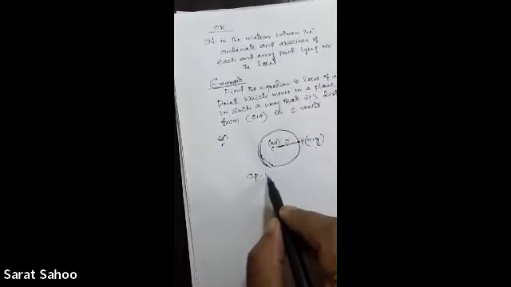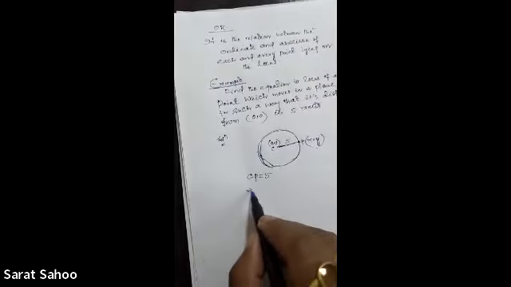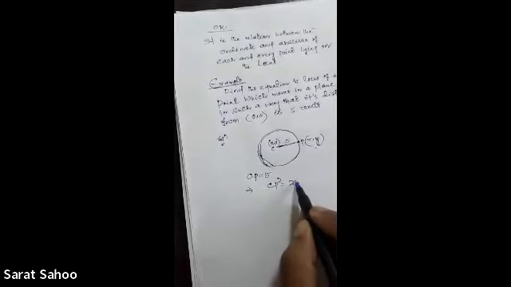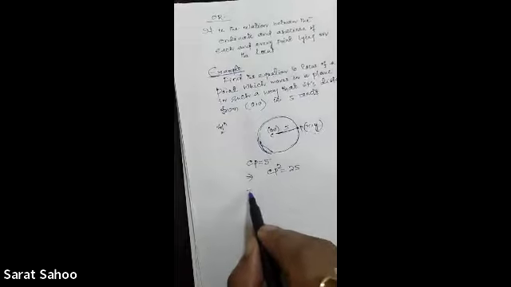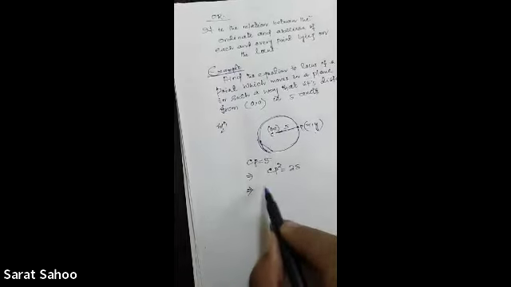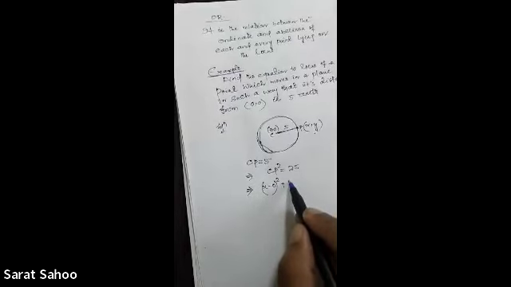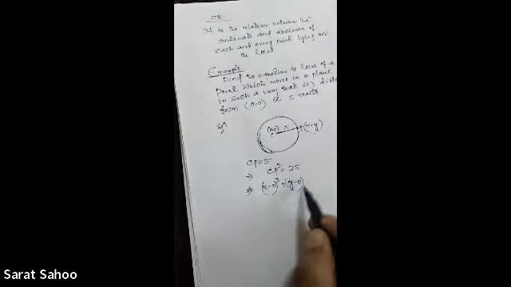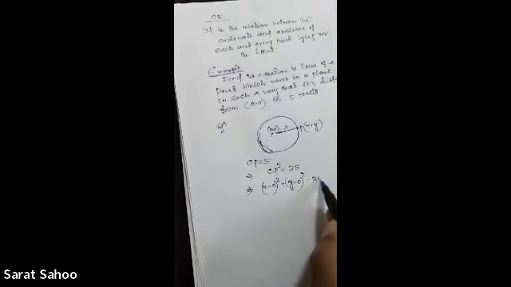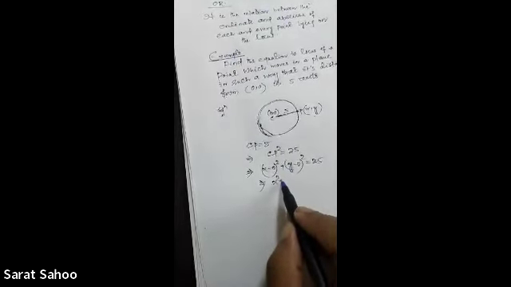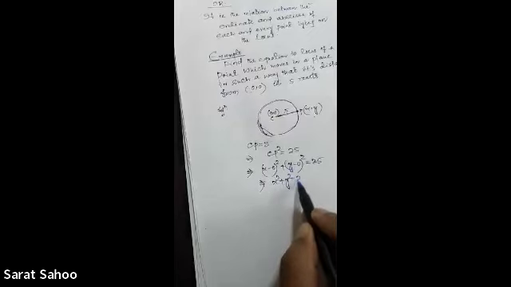CP is equal to 5. This implies CP square is equal to 25. This implies x square plus y square is equal to 25.